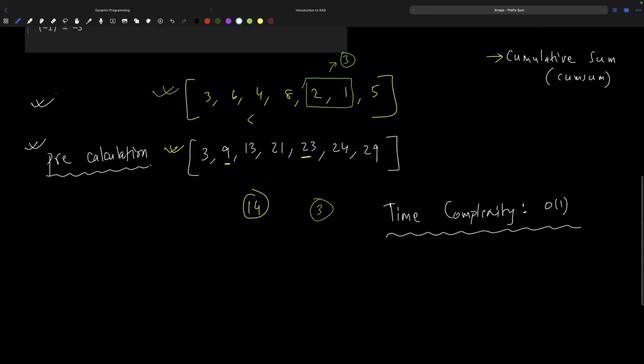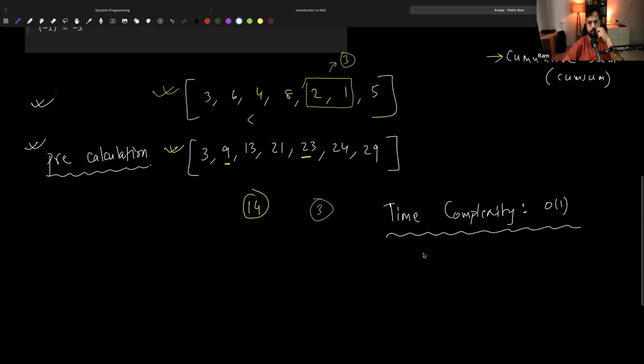Why do you say O of 1? What is the reason for O of 1 for the time complexity? You tell me, what does O of 1 mean? We pick the specific range, right? 23 minus 9, we got the number directly.